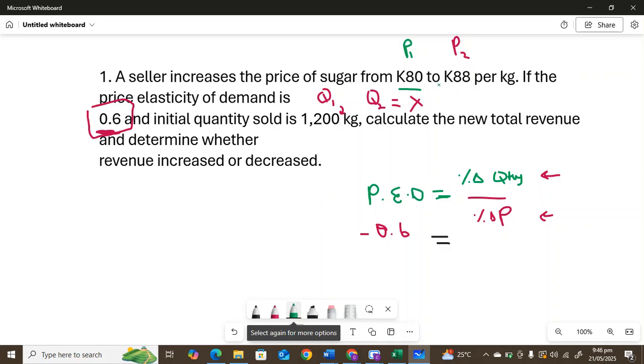What's the percent change in price? Can someone tell us how to find percent change in price? Those who have forgotten. How do you find percent change in price?